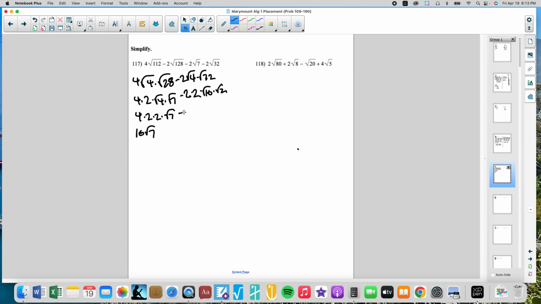So that is negative 4 times 4 rad 2, which is negative 16 rad 2. And we had that minus 2. That's rad 16 rad 2 minus 2 times 4 rad 2, which is minus 8 rad 2 minus 8 rad 2.